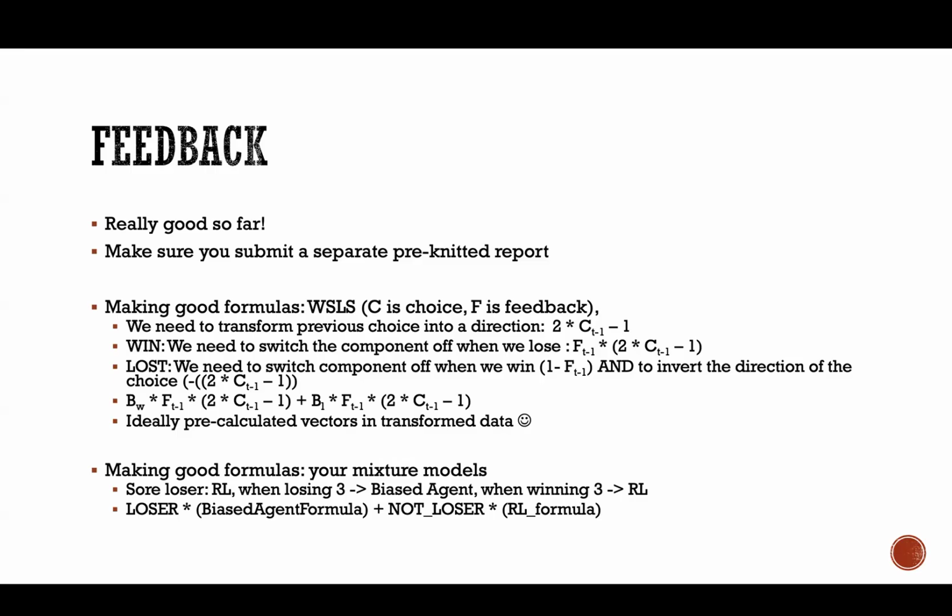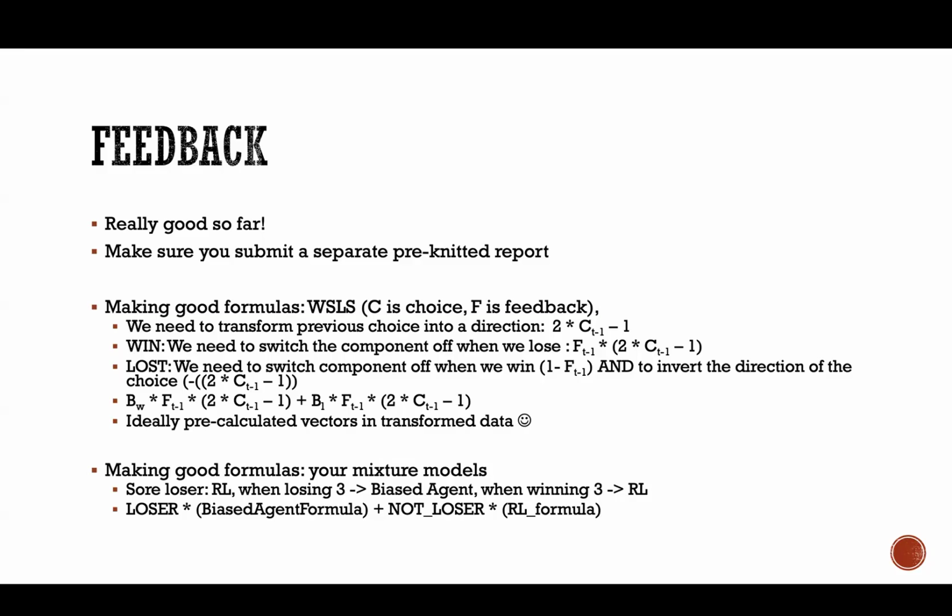We can create a variable which is 0 when the agent hasn't lost 3 trials in a row or has won 3. And the not loser, which is 1 minus that. Then we use these to multiply the bias agent formula, which is basically a theta, right?